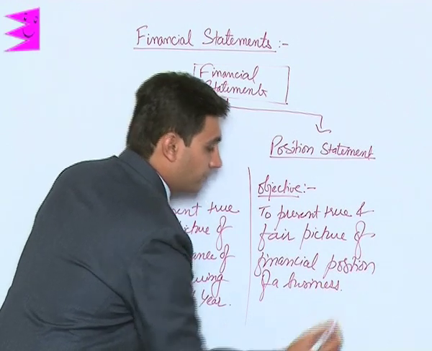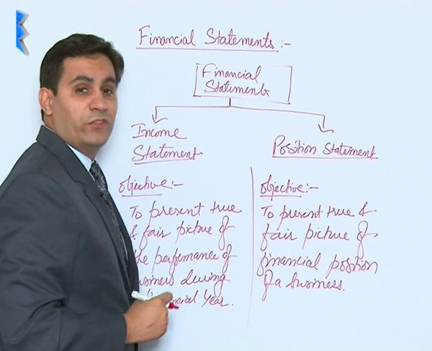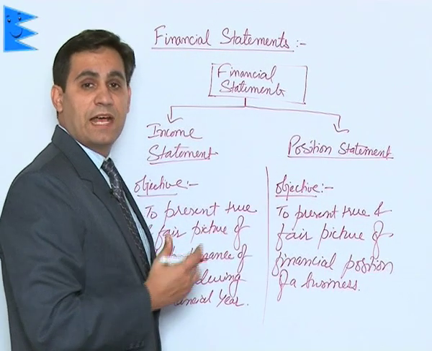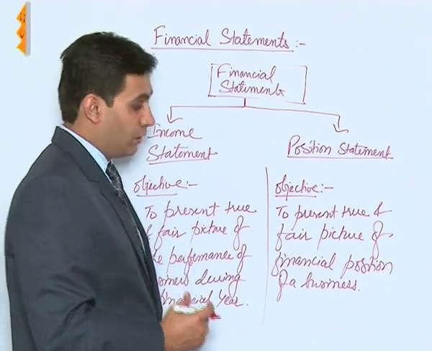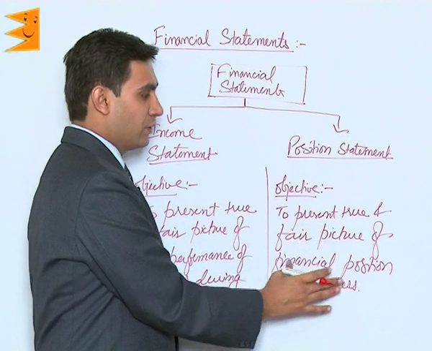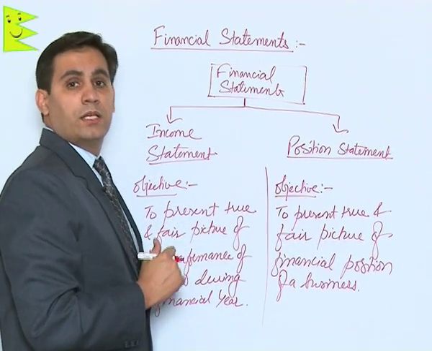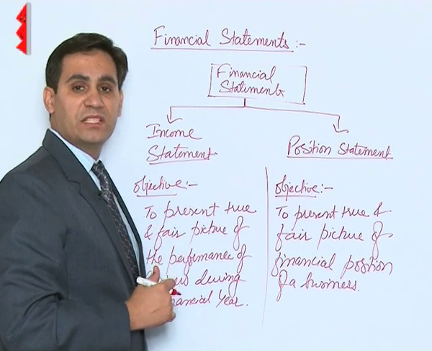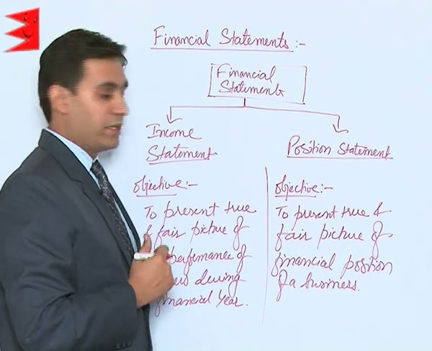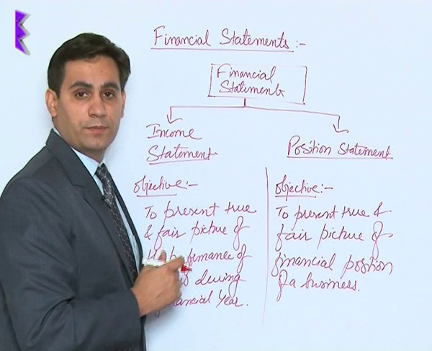That is, what is the value of the assets and liabilities of a business as on a particular date. So this picture of financial position is presented through the position statement, whereas the picture about the performance of the business during the last year is presented through the income statement.